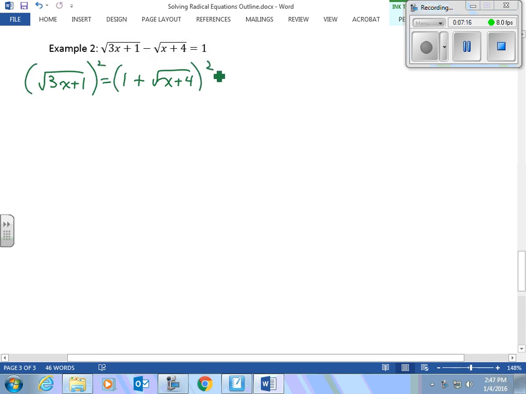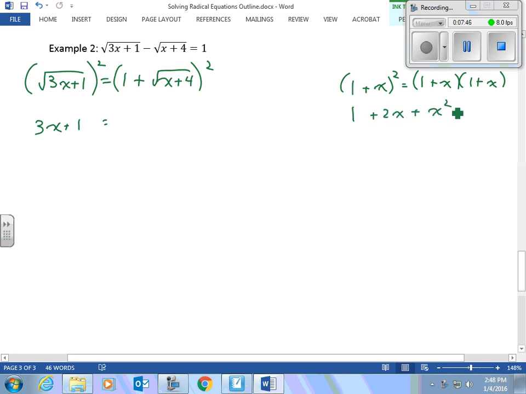Okay, when we square the left side, we end up with 3x plus 1. And let's think about what happens when we square the right side. If I had 1 plus just x squared, that would be 1 plus x times 1 plus x. And if I do that multiplying through, I'll get 1 times 1, so I'll get 1 squared, plus 2x plus x squared.